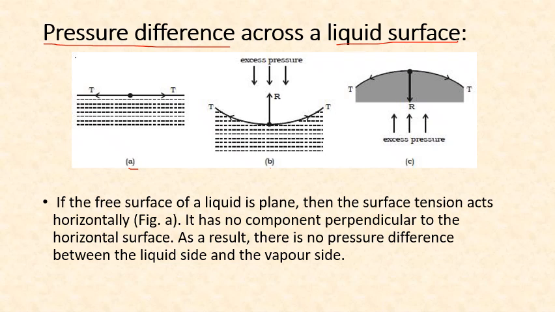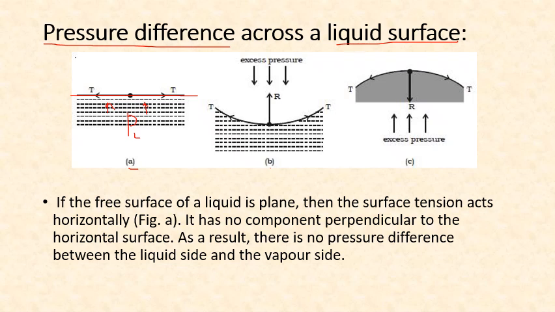In each of these cases, there will be two types of pressures acting on the surface. One is the pressure exerted by the liquid, which puts some pressure onto the surface. We call this PL, the pressure put by the liquid side, that is, the pressure applied by the liquid molecules on the surface of that liquid.